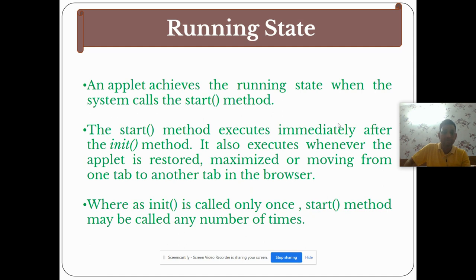So for activating the applet, it transfers its state from idle state to running state by using the start method. So idle and running are switched several times depending upon the user activity. Though we know that the init method is called only one time in the life span of an applet, the start method is called n number of times.